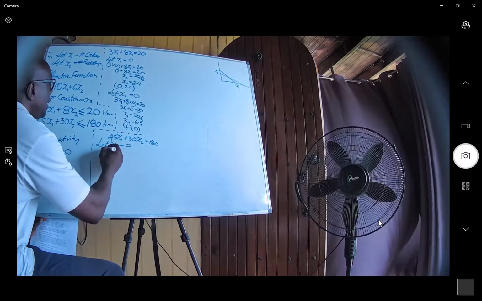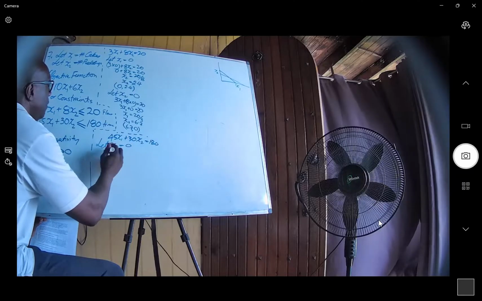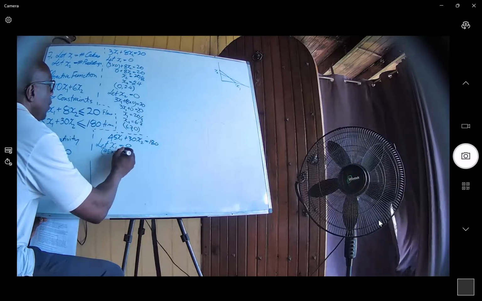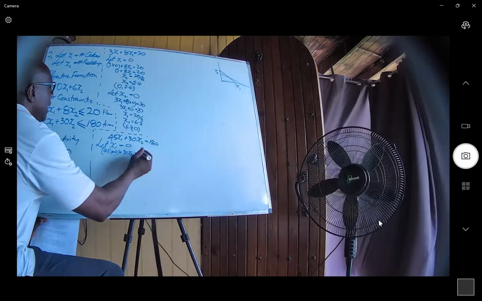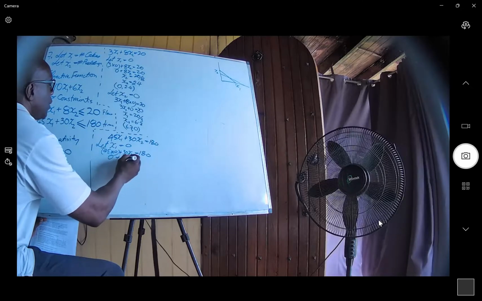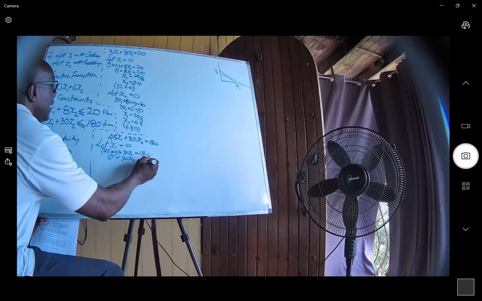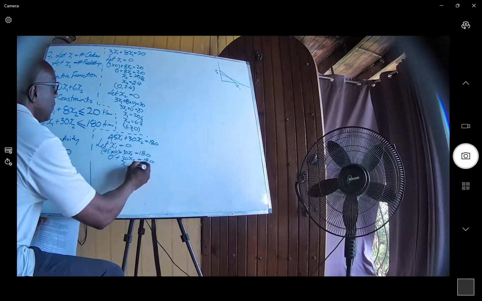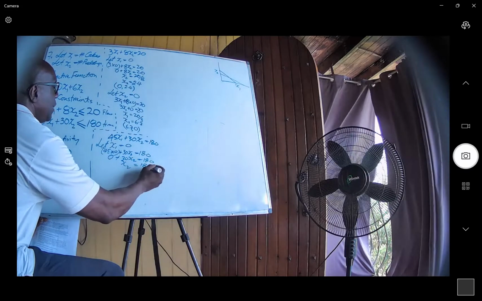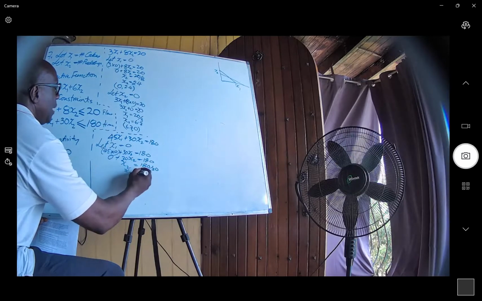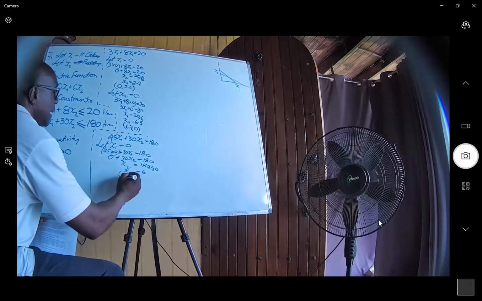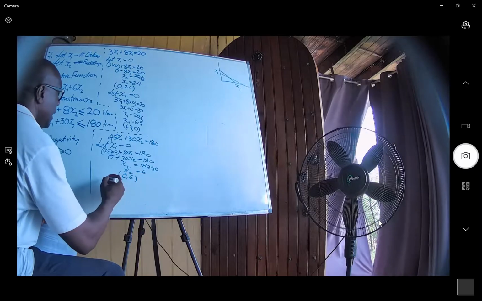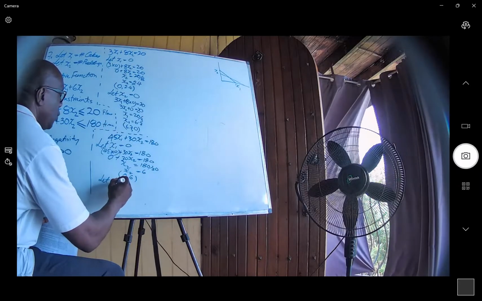When that happens, 45 times 0 plus 30x2 equals 180. 0 plus 30x2 equals 180. x2 is going to be equal to 180 divided by 30. What's that? 6. Write my coordinate, right? Which is 0, 6.